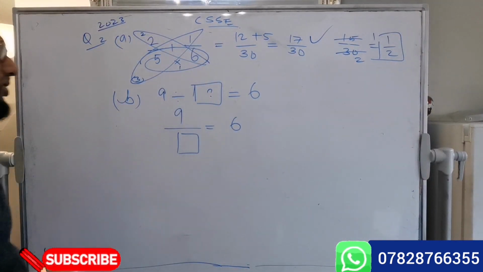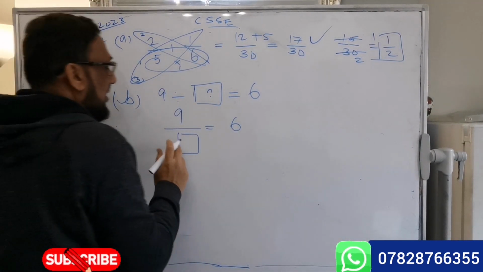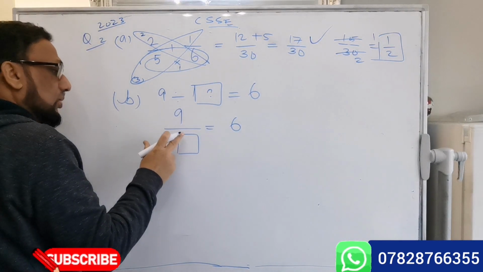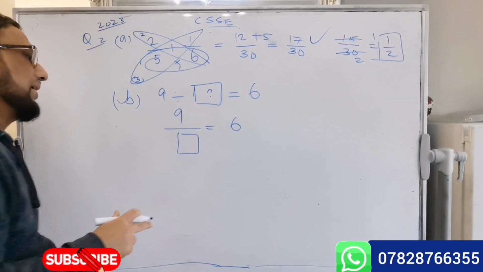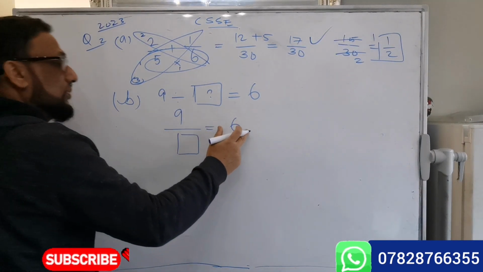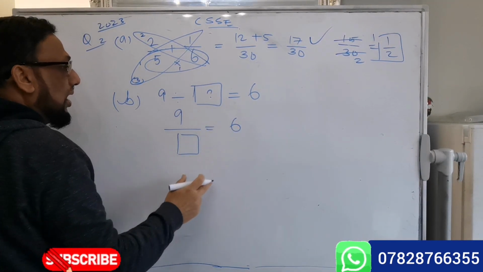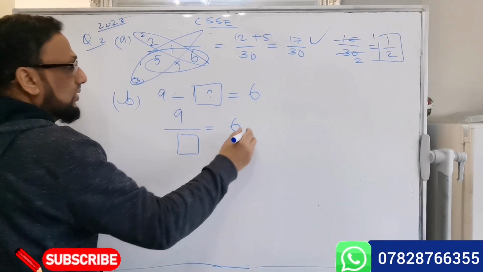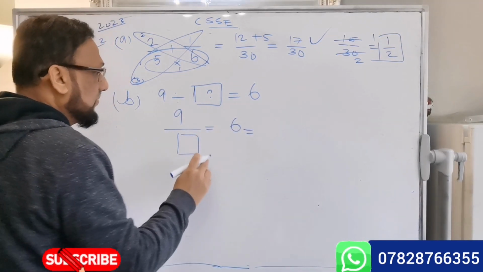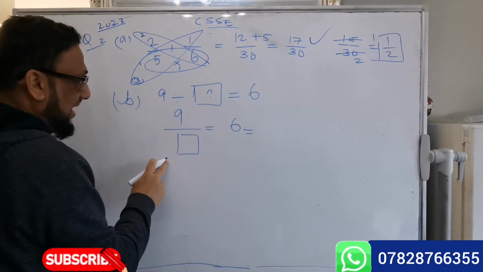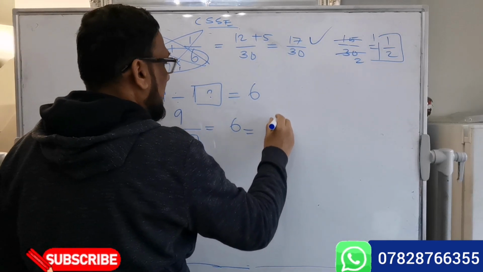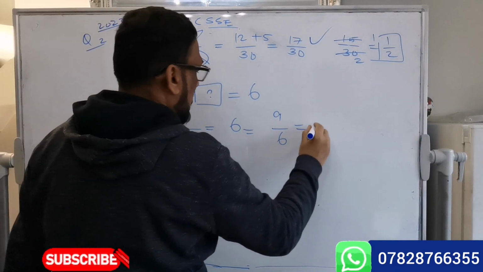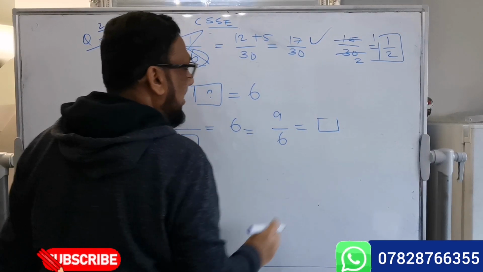As I said to you, if the box is dividing here, then when I move it, it is going to be times, and the inverse of times is division. So we very simply move this 6 here, so 9 divided by 6, and this one divide is going to be times here.